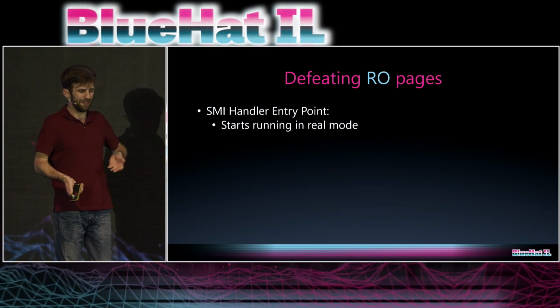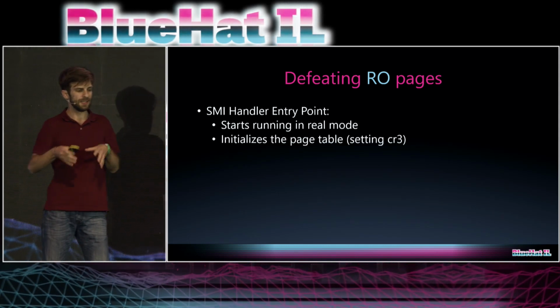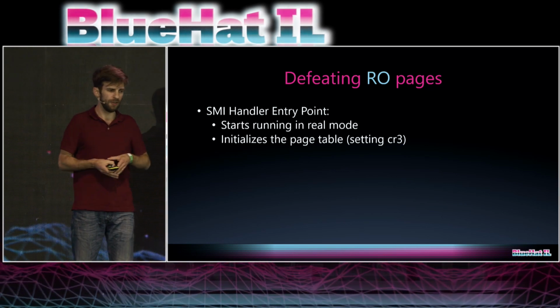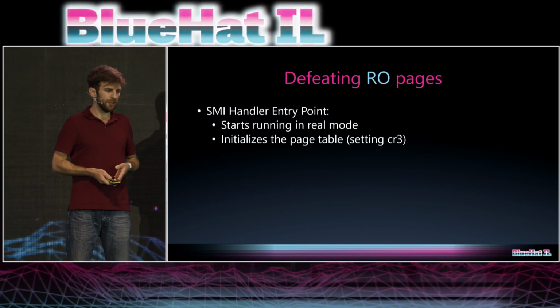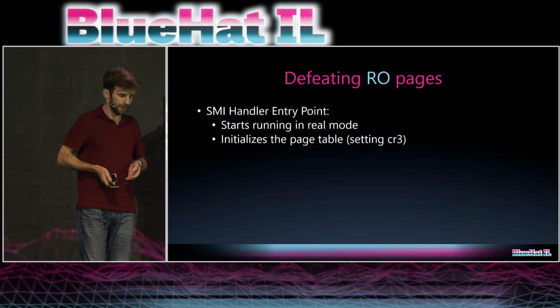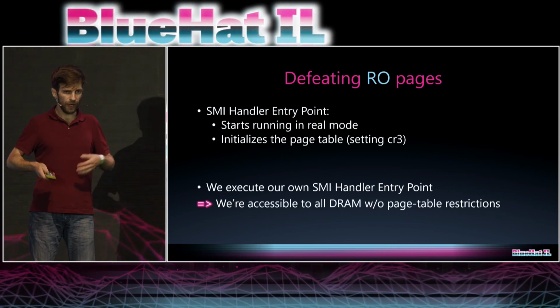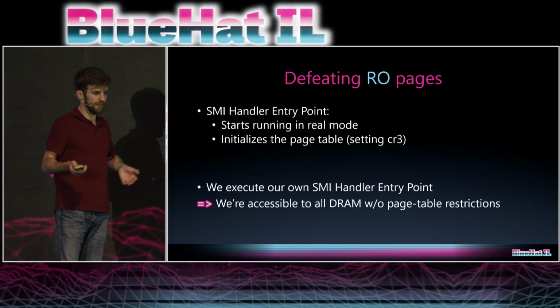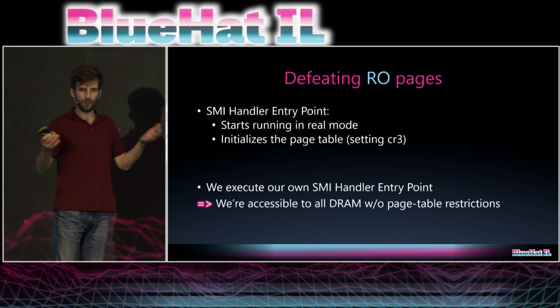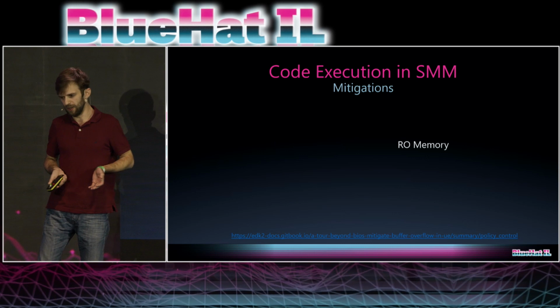And what's even more funny is that the entity that is responsible for setting up the CR3 register, which points to the page table, is our SMI handler entry point, which we fully control. And as we crafted our own SMI handler entry point, we have unrestricted access to anything, even read-only pages in the SMRAM.